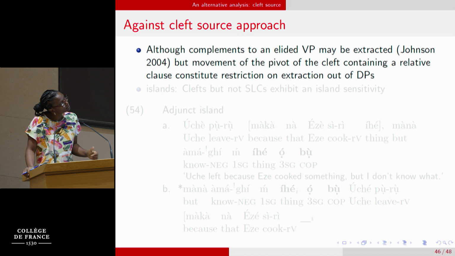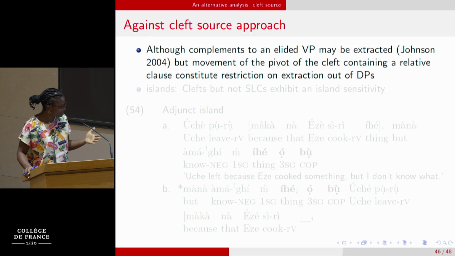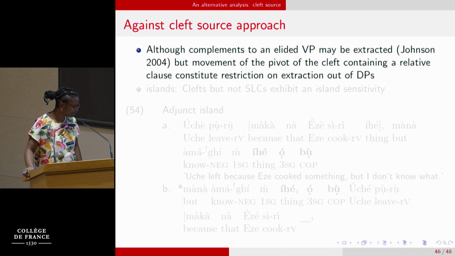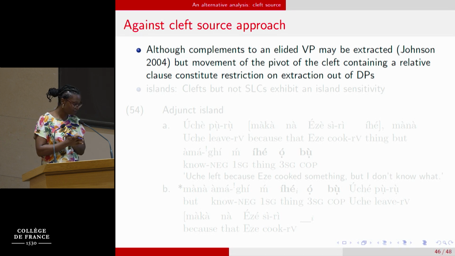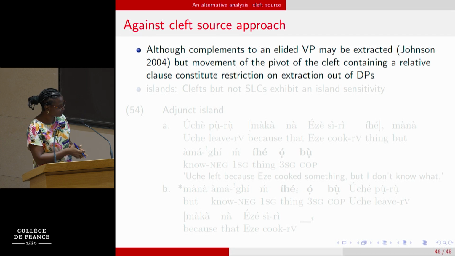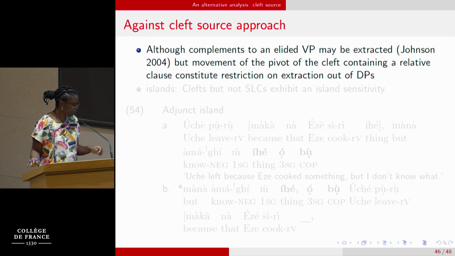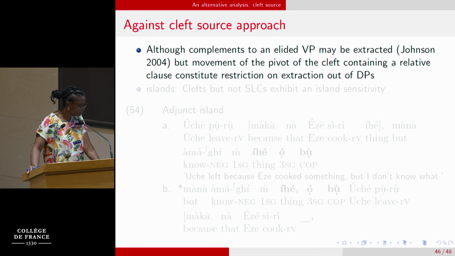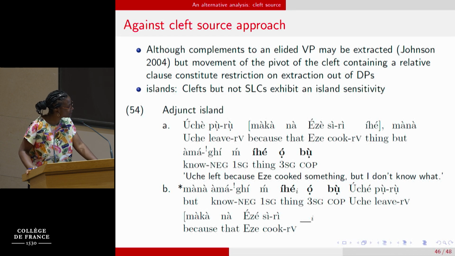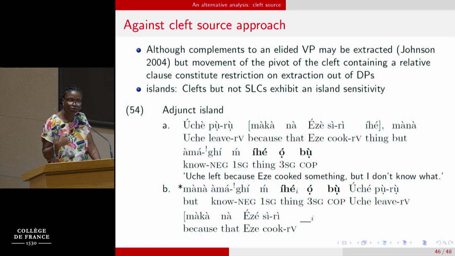Yes. Although this can be an approach to consider, there are two main pieces of evidence showing that this cleft clause approach might not be right. The first has to do with the fact that we are moving out of a complex DP, and complex DPs have been shown in Igbo to constitute an island. The second is the island effect that I showed you earlier.